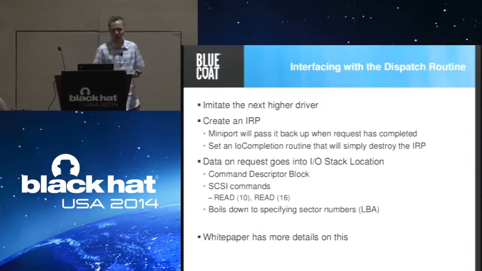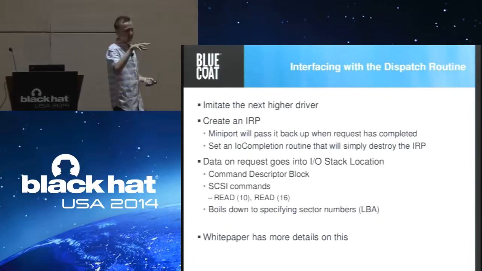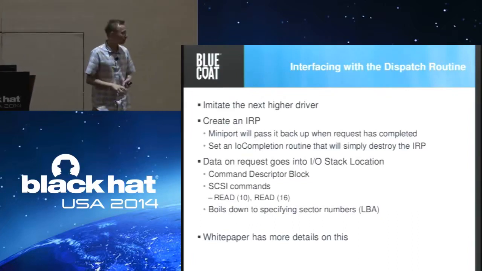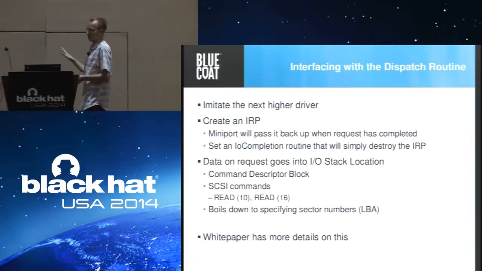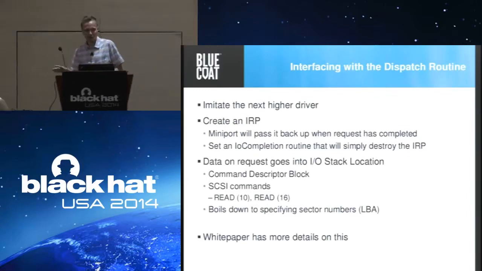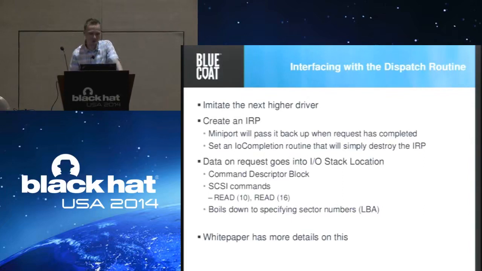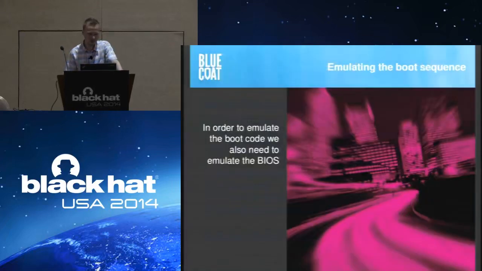So we'll just create an IRP and give it to the miniport driver, at the same time registering an IO completion routine so that we get called when it's done, and then we just destroy the IRP afterwards. There are a few details on how you do this, and I just want to refer to my white paper. It really boils down to just specifying the sector number as a logical block address. But check my white paper.